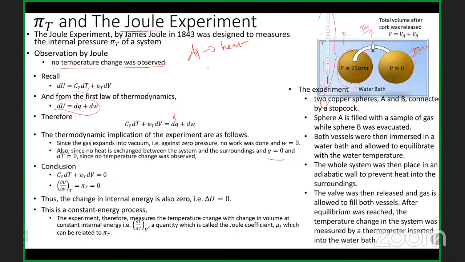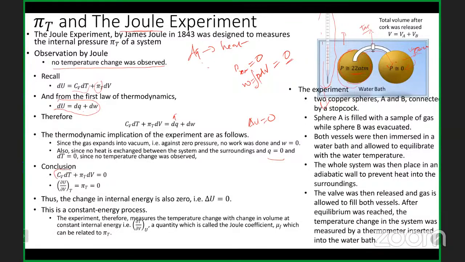The gas expands into a vacuum, which means you are expanding against an external pressure that's equal to 0. If that's the case, work, which equals P dV, is also equal to 0, meaning that our delta U is 0.